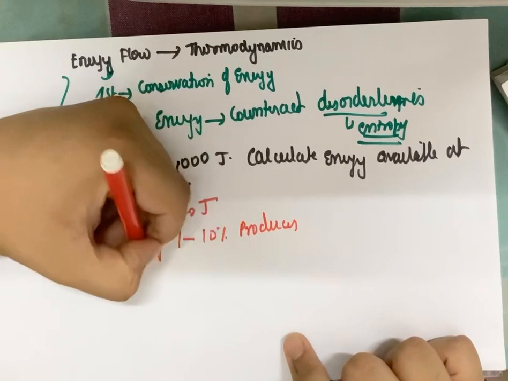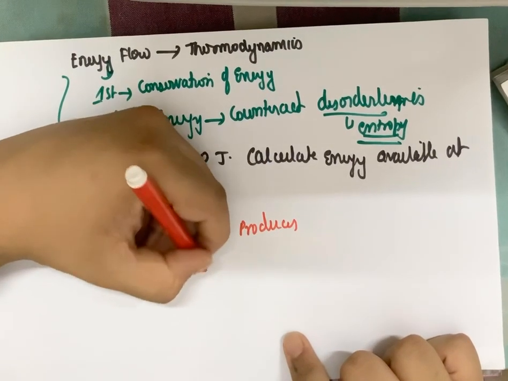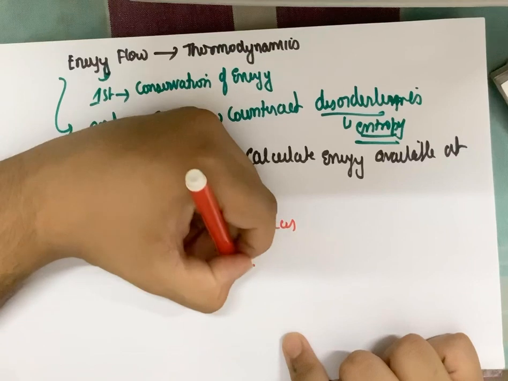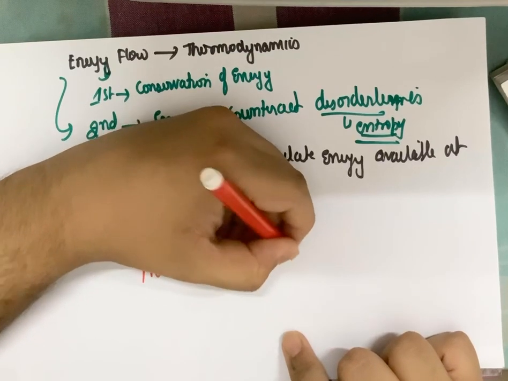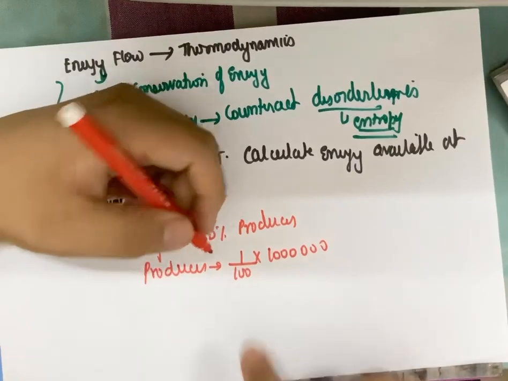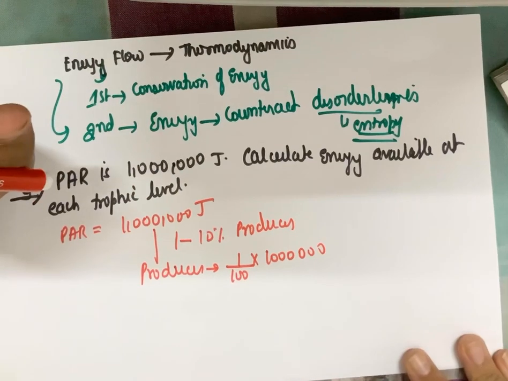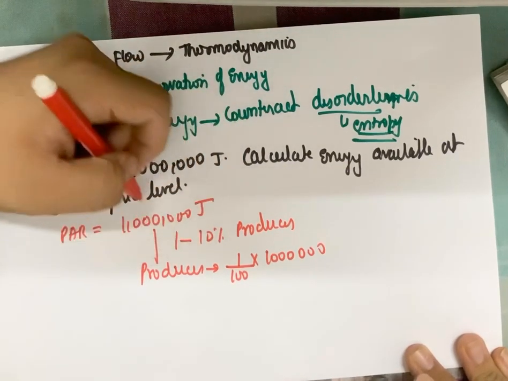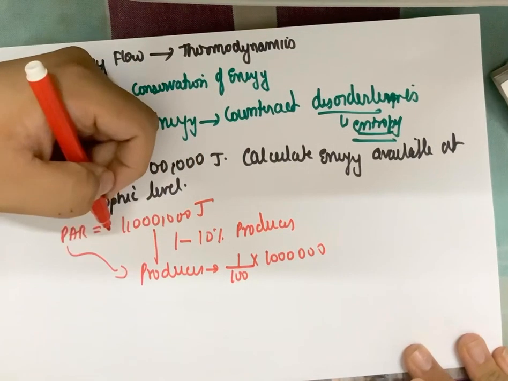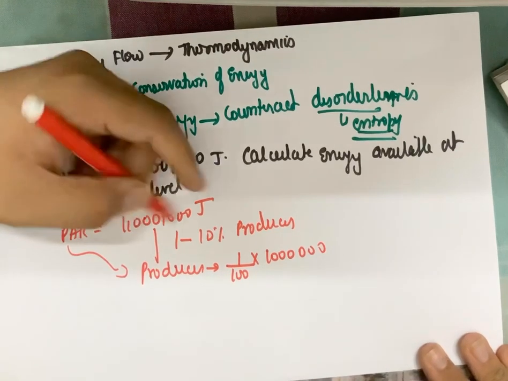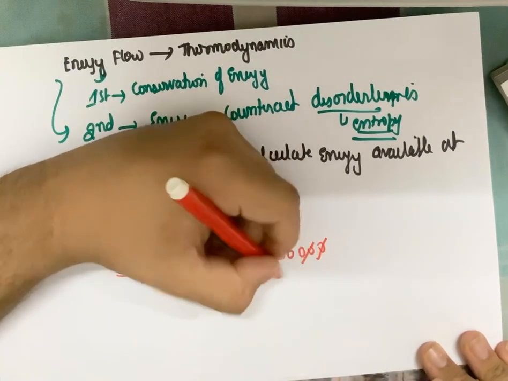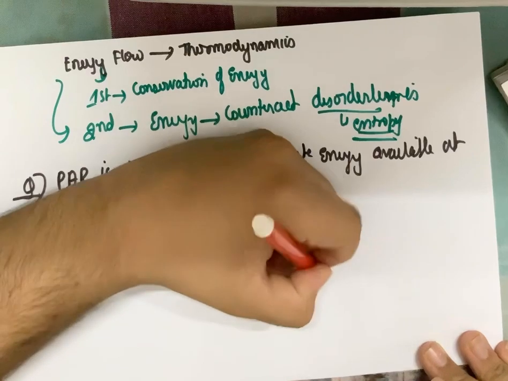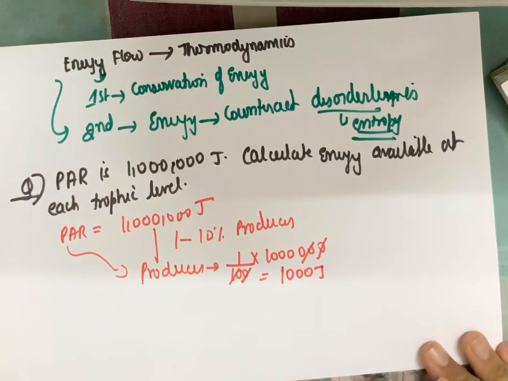So at the producer level, the energy will be 1 upon 100, 1% into 10 lakh. We always take 1% for calculation convenience, from photosynthetically active radiation to producer. So how much energy am I getting? I am getting 10,000 joules for the producer.